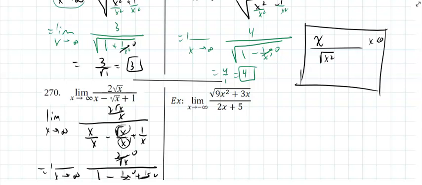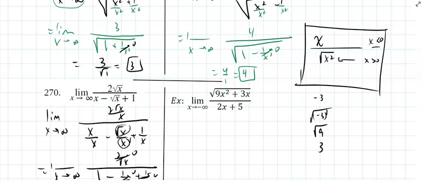By squaring it, you made it positive. For example, if I let x equal negative 3, if you take negative 3 squared, square root, that's the square root of 9. That's 3.